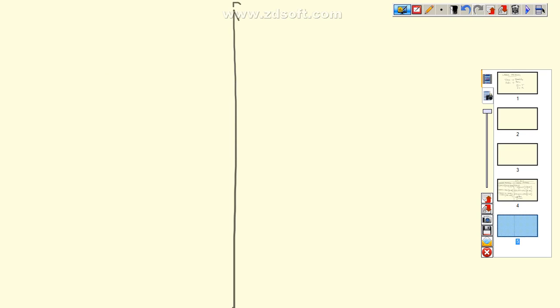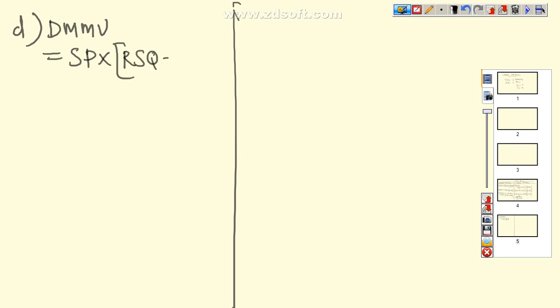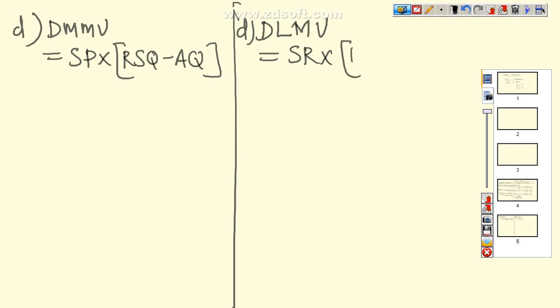Next equation, material variance: direct material mix variance is equal to standard price multiplied by RSQ minus AQ. Here we write direct labor mix variance, that is equal to standard rate multiplied by RST minus AT.